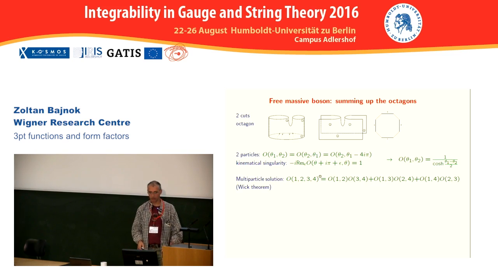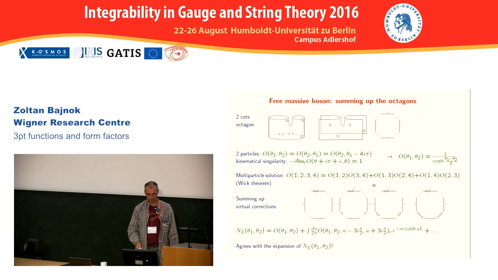So first, in order to do it, you need the multi-particle solution. So you can recursively now calculate the multi-particle solutions. And since this is a free theory, Wick theorem applies. And then all multi-particle is just the product of two particle terms. So you have this two particle, and then immediately you know the 4 particle, 6, and so on particle.